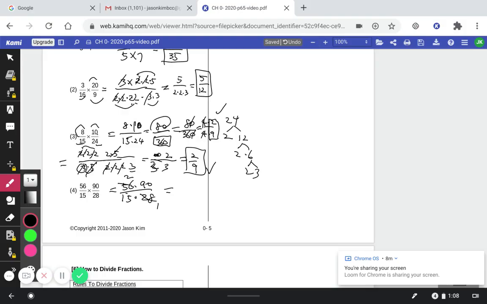Intuition. Now 15 goes into 15 once, 15 goes into 90 six times. How do I know that? Intuition. So 2 times 6 over 1 times 1, you got 12 out of 1, which is 12. So if you do many math problems, then you can get some kind of intuition.